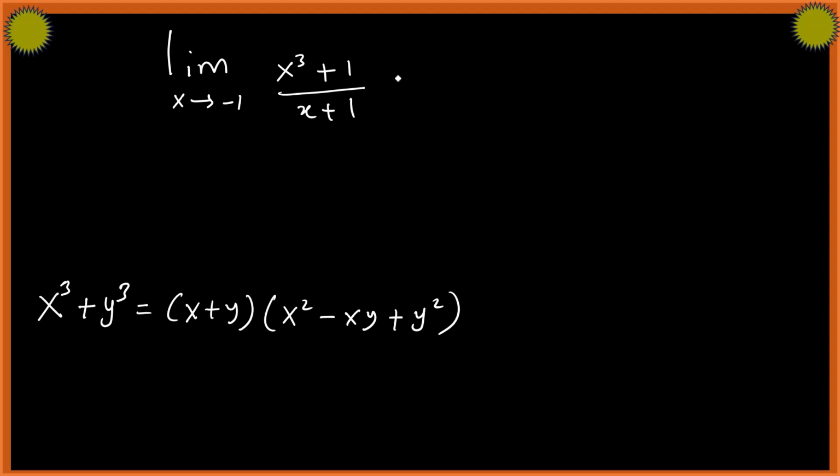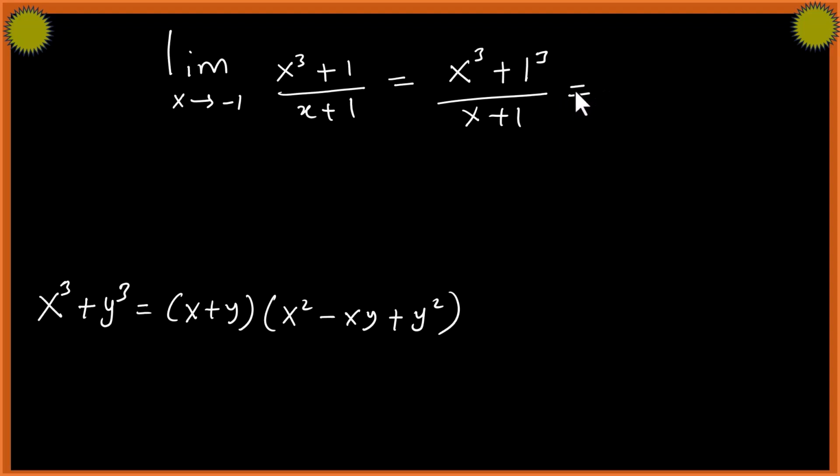So can we write the numerator x cubed plus 1 cube? Yes, on x plus 1. We know 1 cube is the same as 1, so I've done nothing to this.